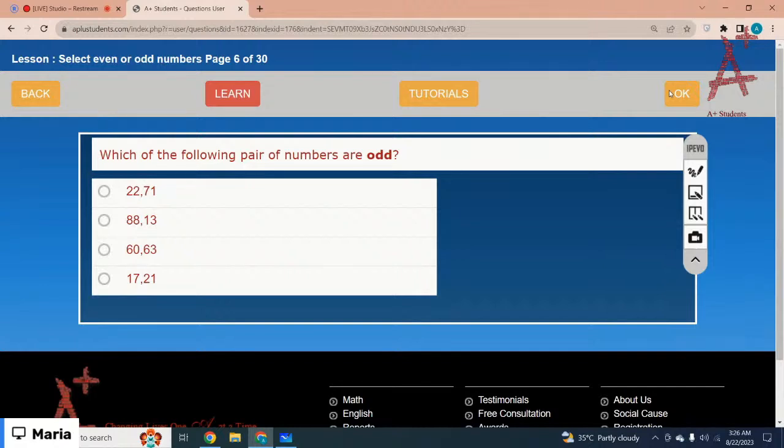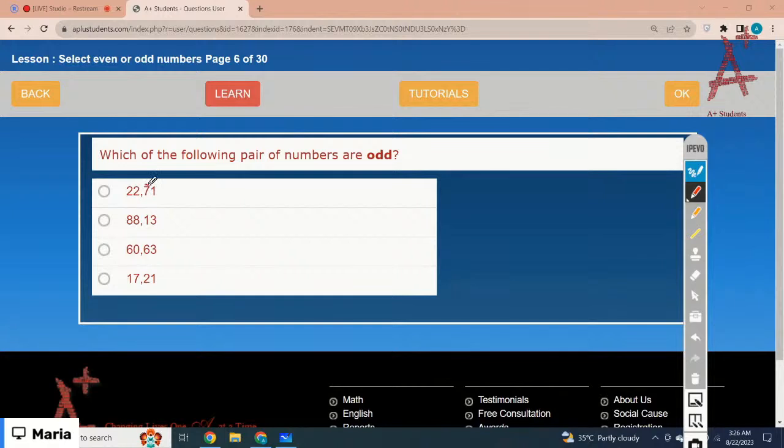Which of the following pair of numbers are odd? Okay, both of the numbers must be odd, right? 71 odd, 22 even, right? 13 odd, 88 even. 63 odd, 60 even. 21 odd, 17 also odd. The only pair where both the numbers are odd is the last one, 17 and 21.